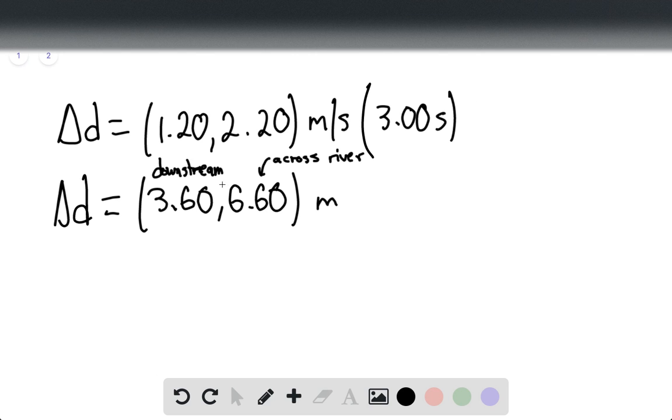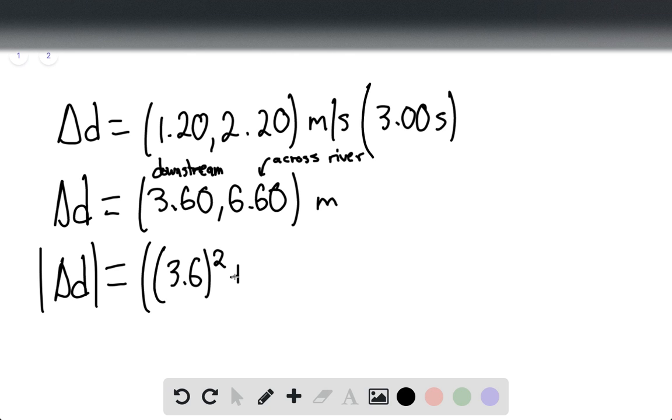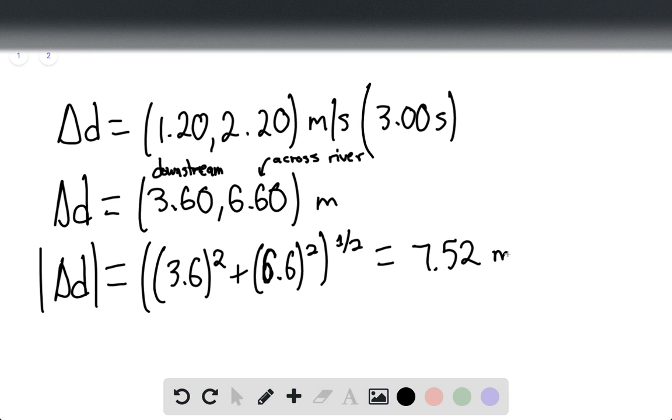So at this point, if we wanted to find the magnitude of displacement, we can say that the magnitude of displacement equals, again, 3.6 squared plus 6.6 squared, all to the 1/2 power. And this is giving us the magnitude of displacement is 7.52 meters.